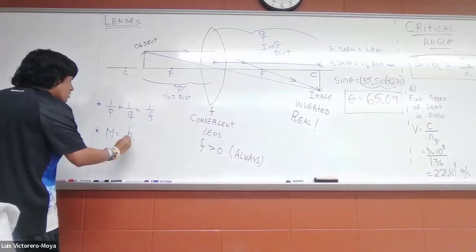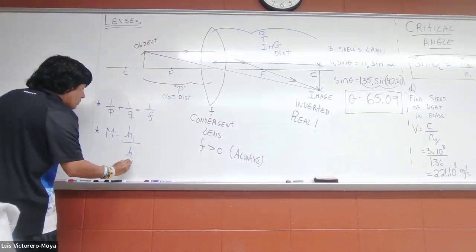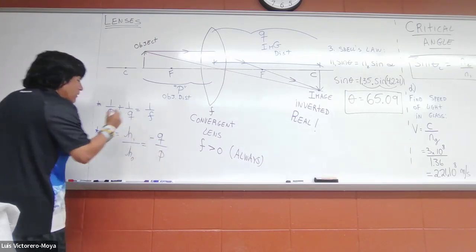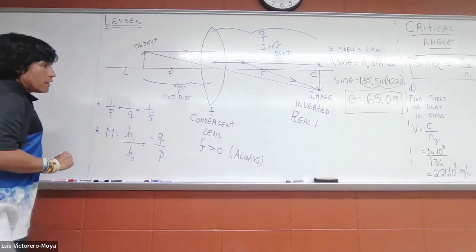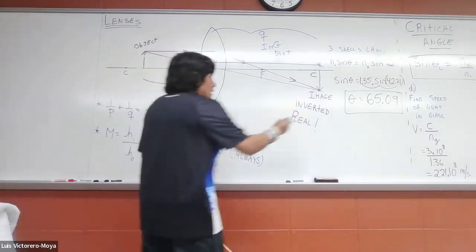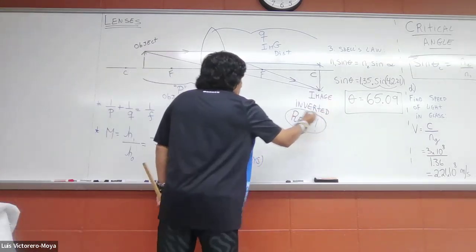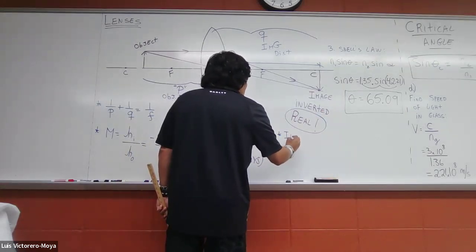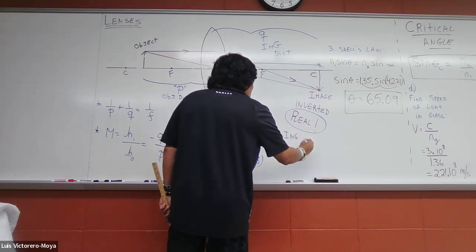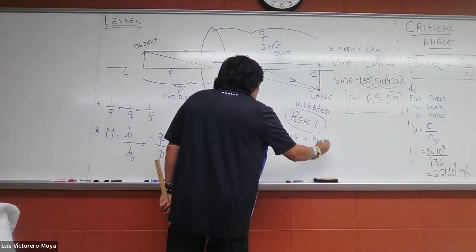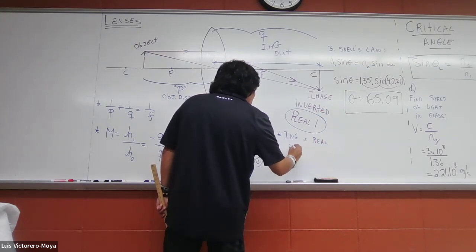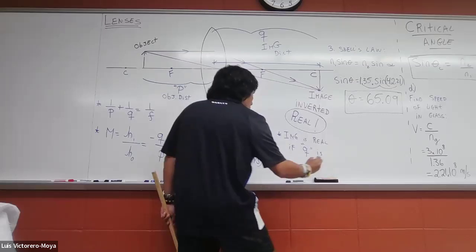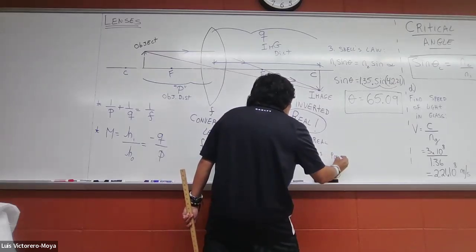Height of the image over height of the object, which is negative Q over P. And the image is real if the image distance is positive.